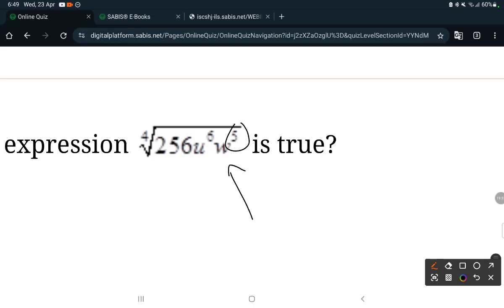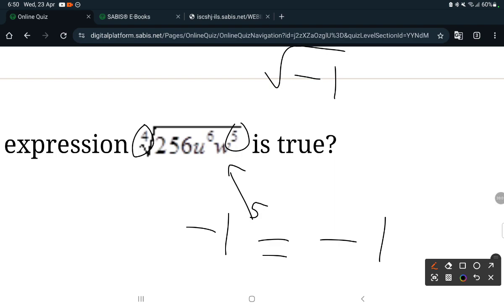And as we know, with an odd exponent, negative 1 to the power of 5 would be negative 1. And then we can't have a fourth root of a negative number, just like how you can't have a radical of a negative number. So, for the expression to be defined, w would have to be non-negative.